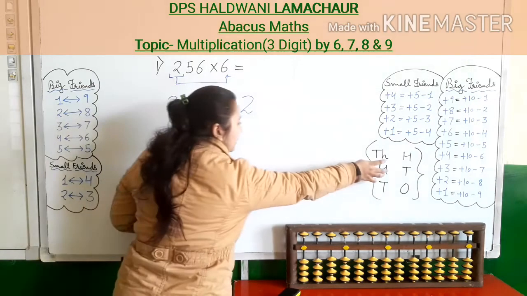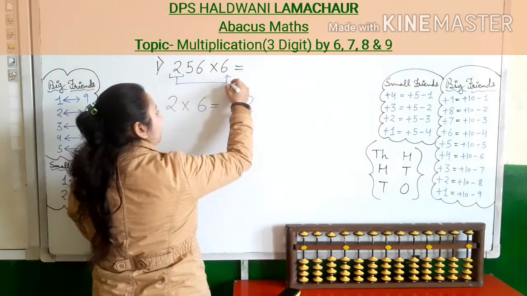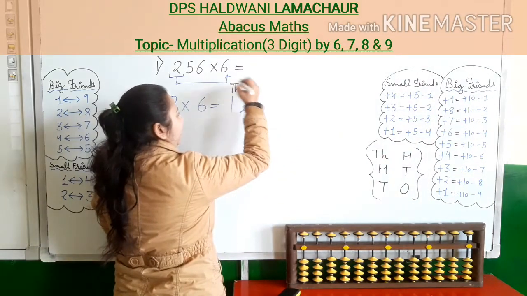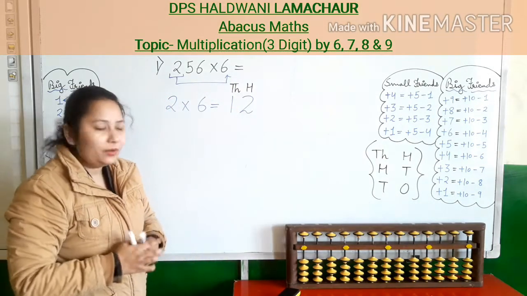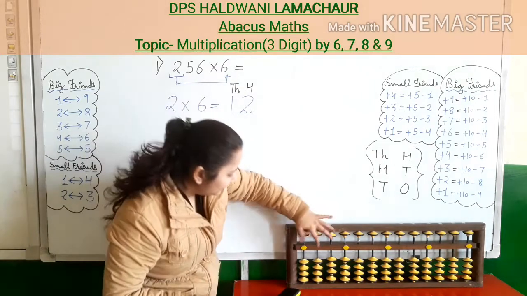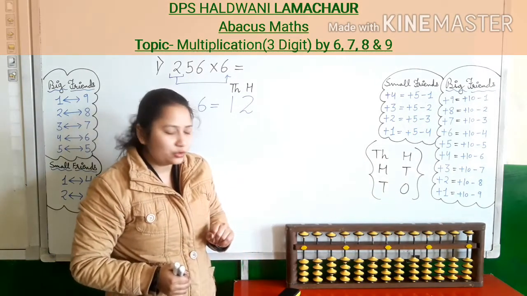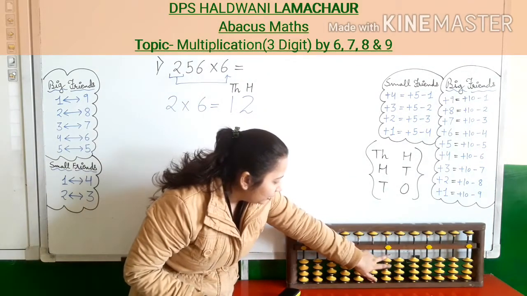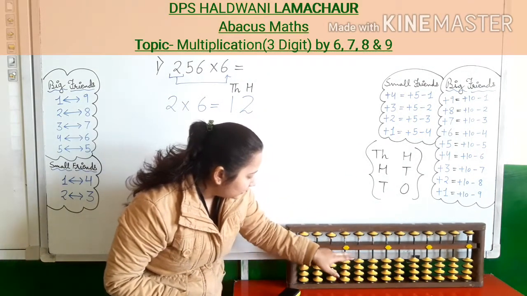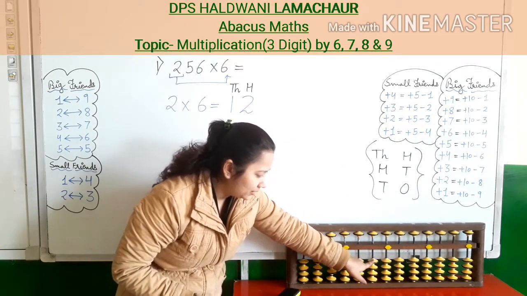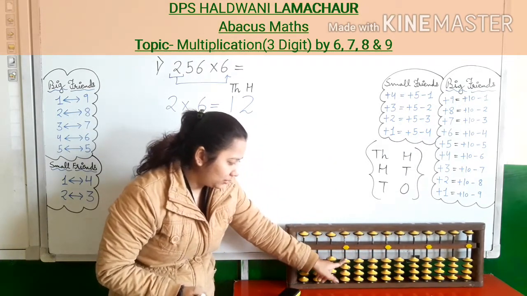Now according to the pattern, our first digit will go in thousands rod and the second will go in hundreds rod. Now today the tool is there. You can see 1, 2, 3, 4 and 5 beads are there in this tool. So you will start your calculation from this thousands rod. See, units rod, tens rod, hundreds rod, thousand rod.